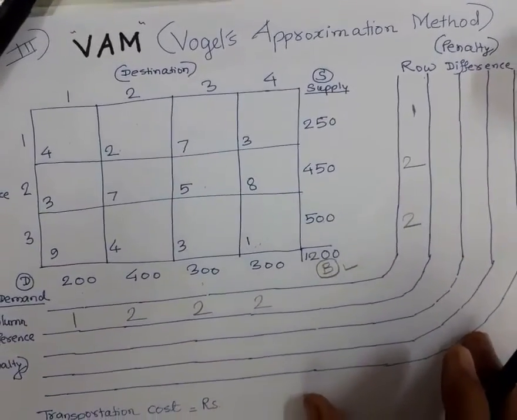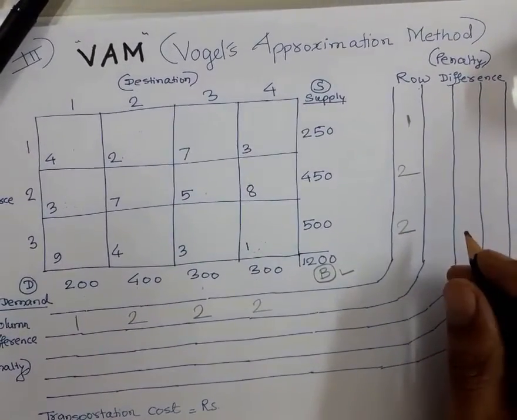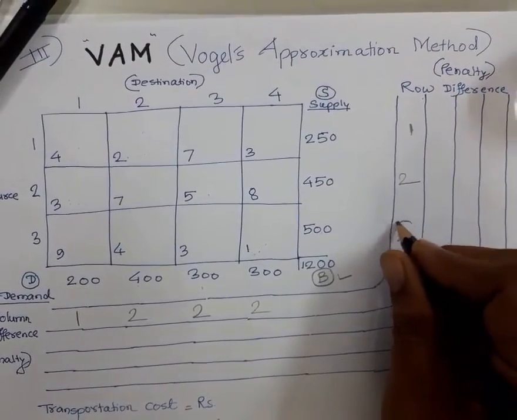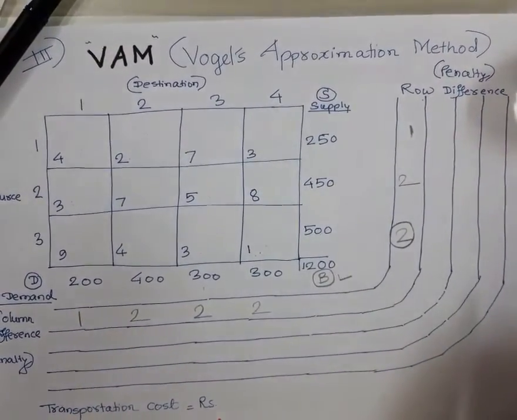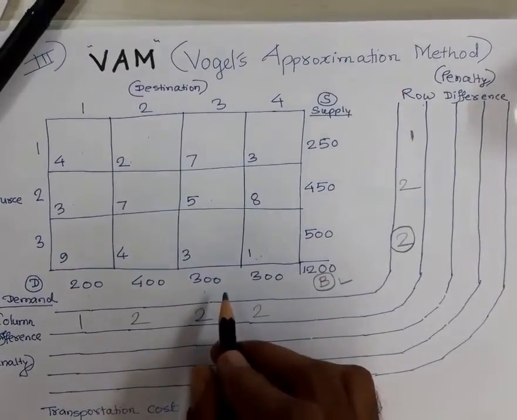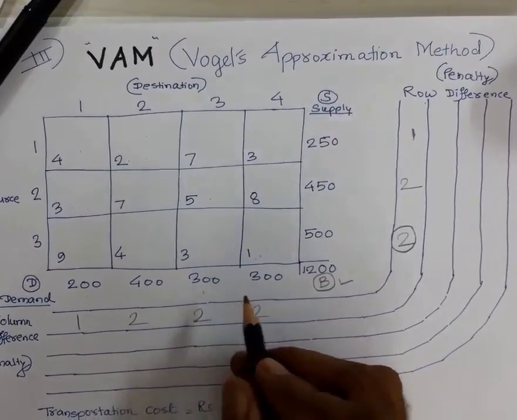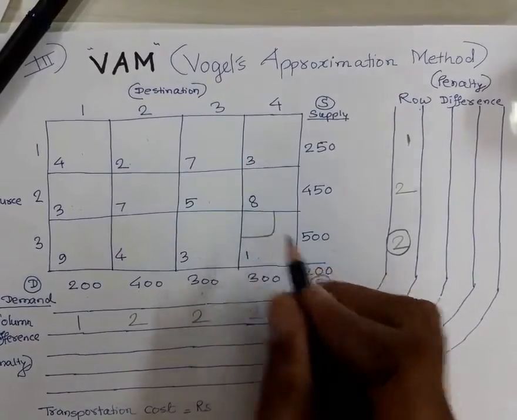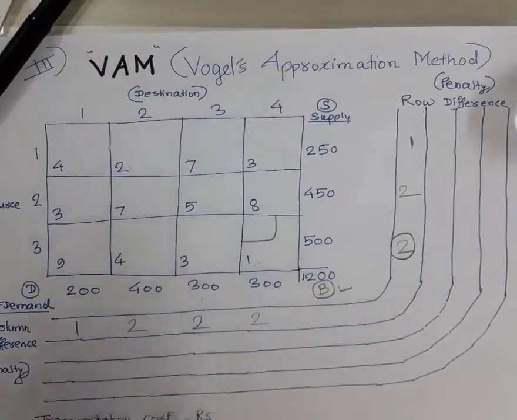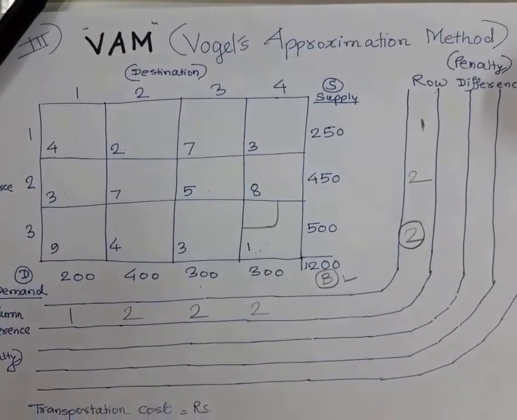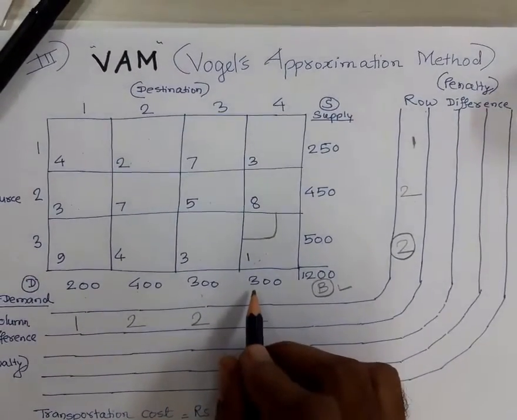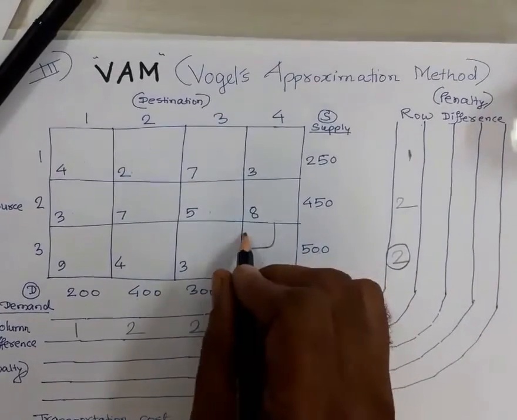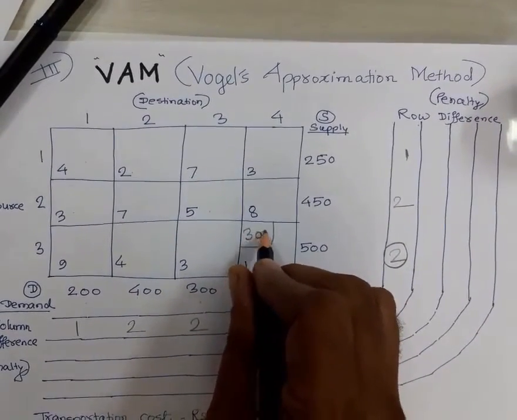Now we can start with the allocations of the third row. Select the cell with smallest transportation cost 1. Now how much we can allocate for this? We can allocate at the most 300 out of 500. So just allocate it 300.